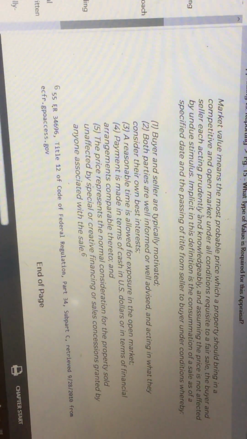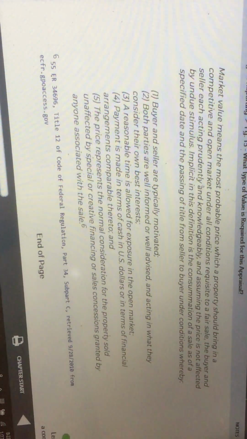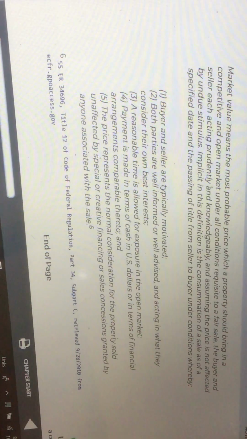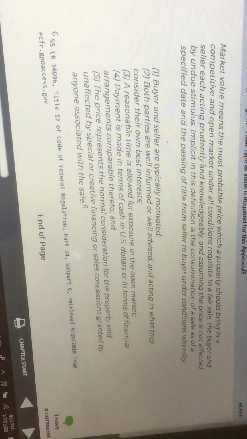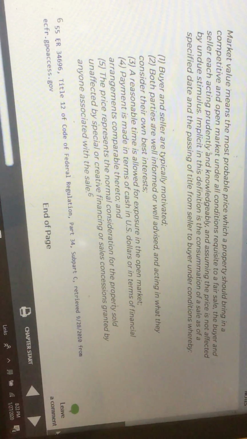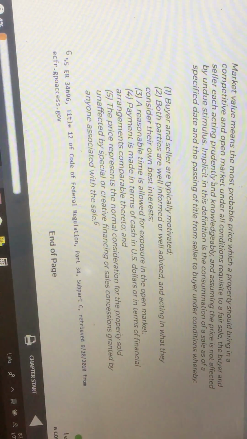Implicit in this definition is the consummation of a sale as of a specified date and the passing of title from seller to buyer under conditions whereby: 1. Buyer and seller are typically motivated. 2.